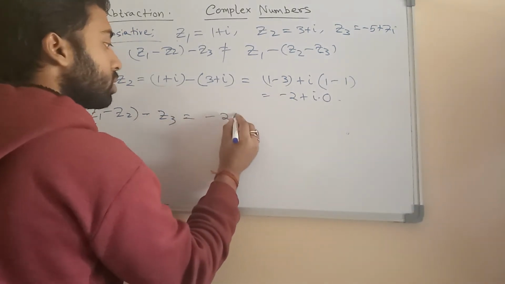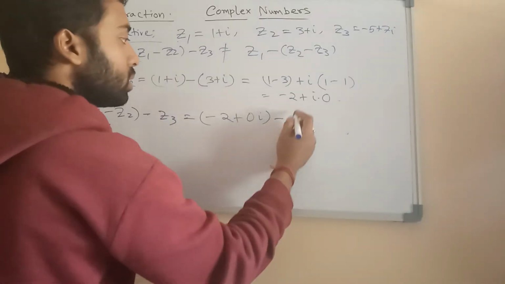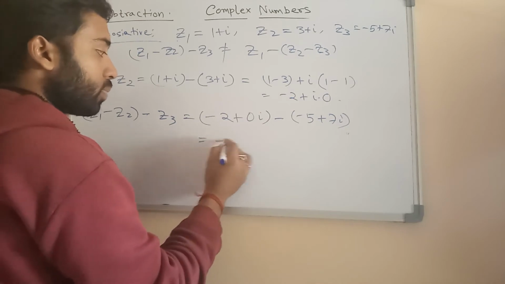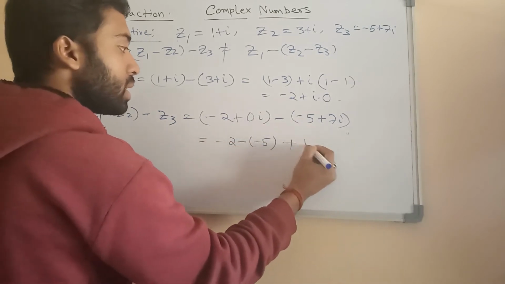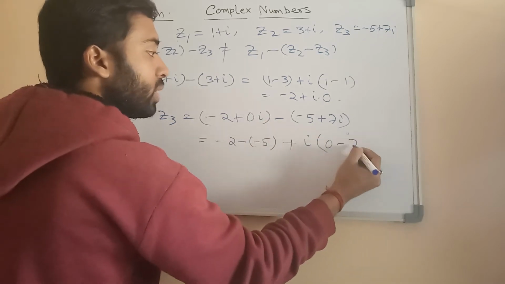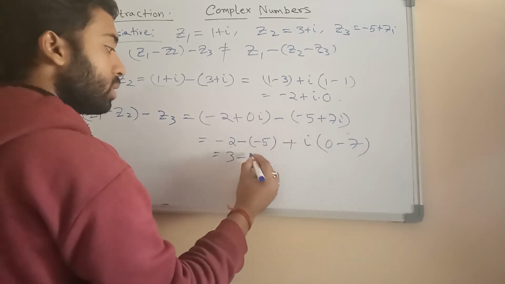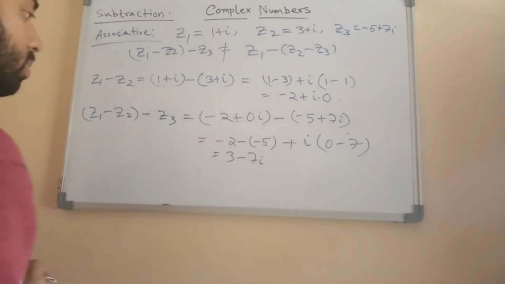That means minus 2 plus 0i minus z3. z3 is minus 5 plus 7i. The subtraction is minus 2 minus of the real part, that is minus 5, plus i into 0 minus 7. So it becomes 5 minus 2, 3, and here it is minus 7i. So (z1 minus z2) minus z3 is 3 minus 7i.